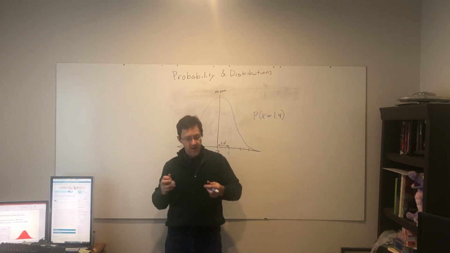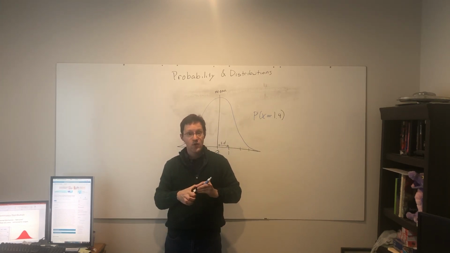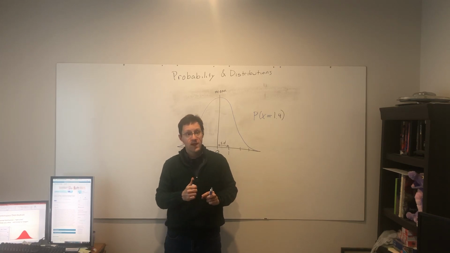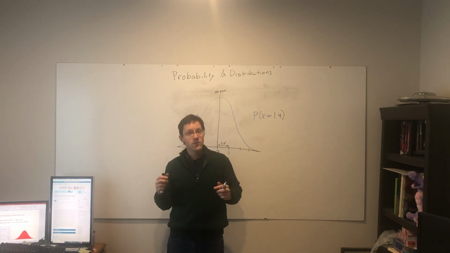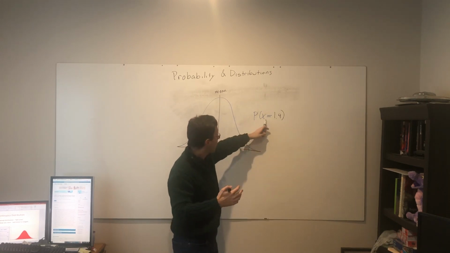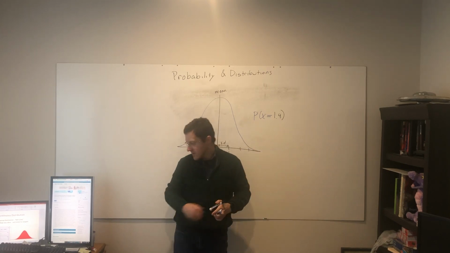The probability of any exact value is basically 0. It could be 1.4, it could be 1.399999, 1.400001. So now this doesn't really work.